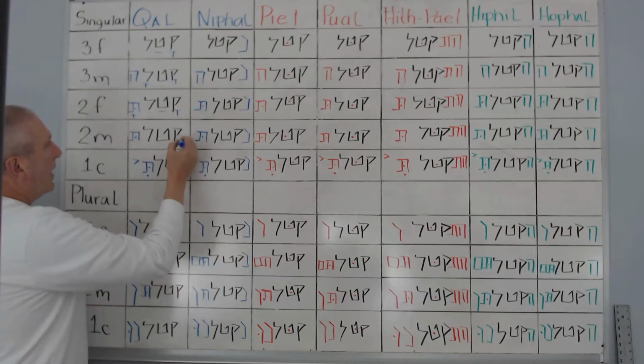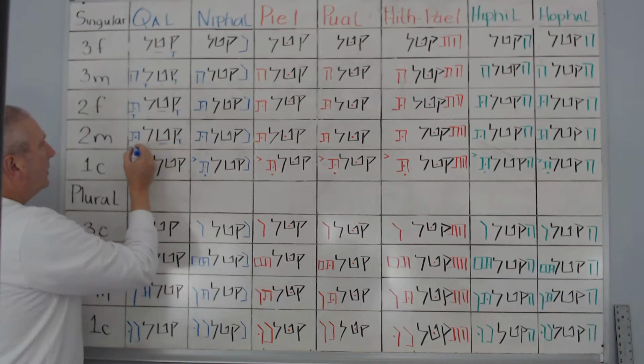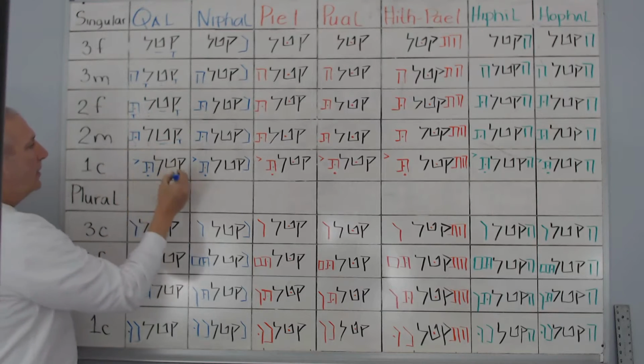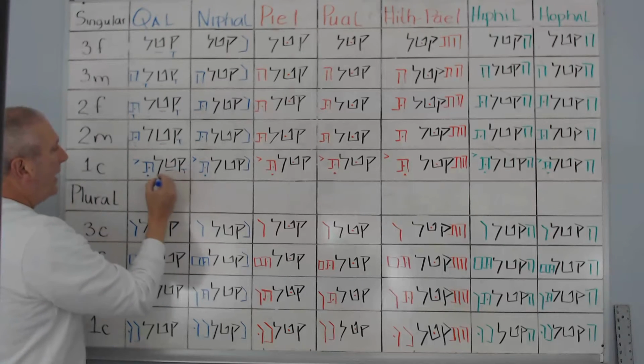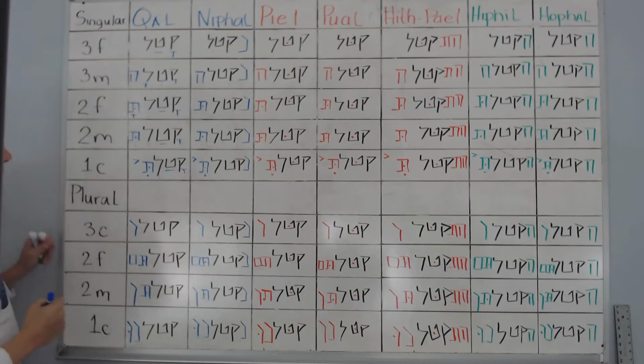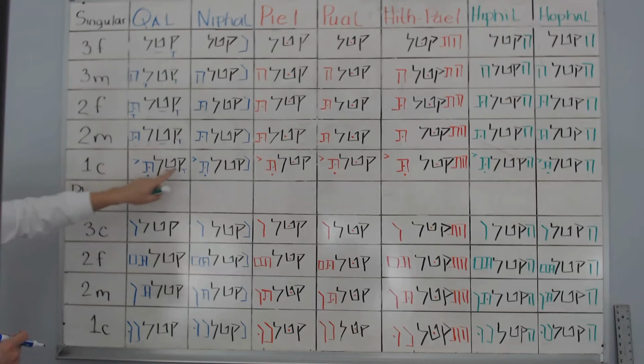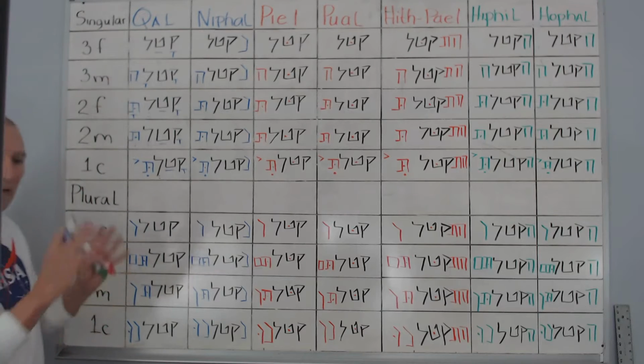So we have katal, ata, ati, that's a half sound. Katalti, so katal, katala, katalta, katalti. So see, the chart even corrects me, it scripts me, it formats me.